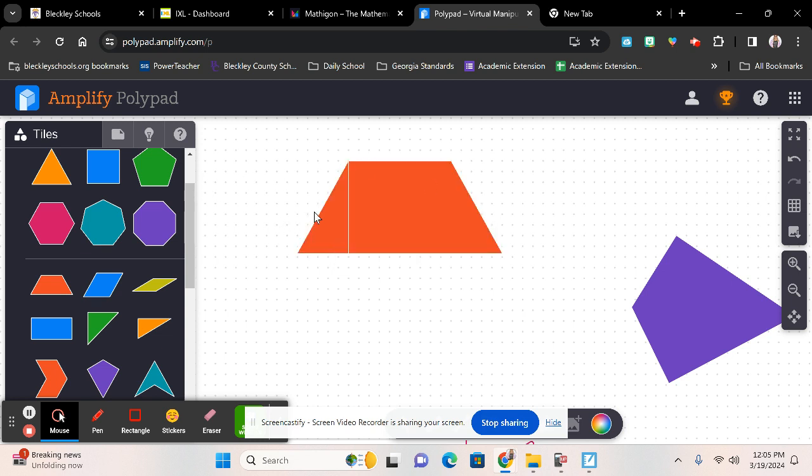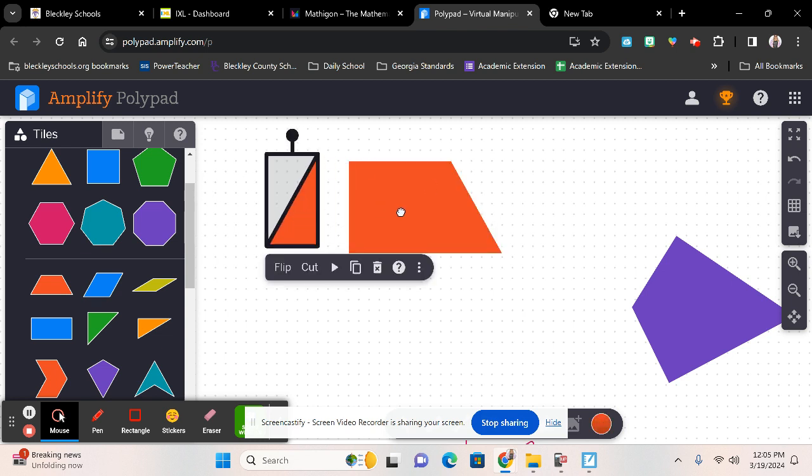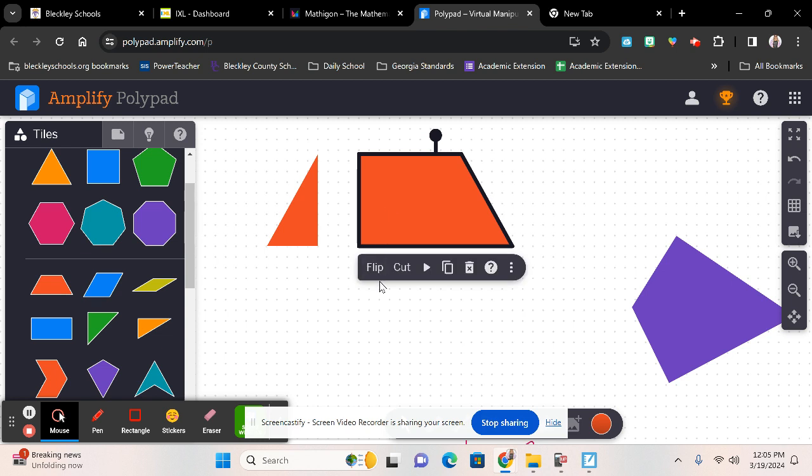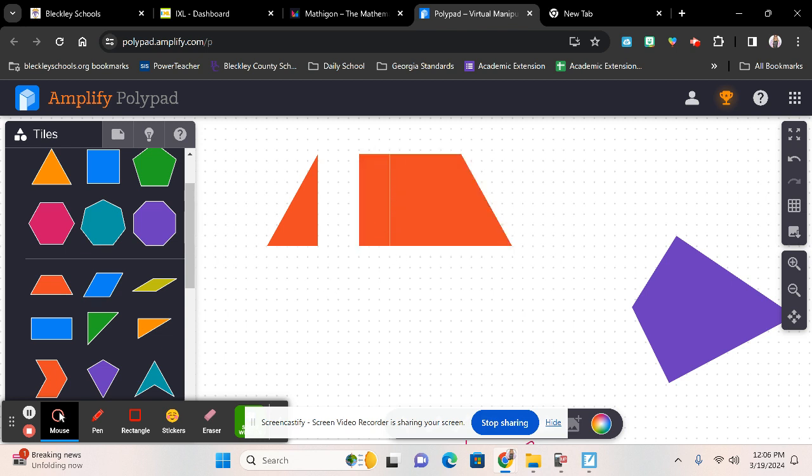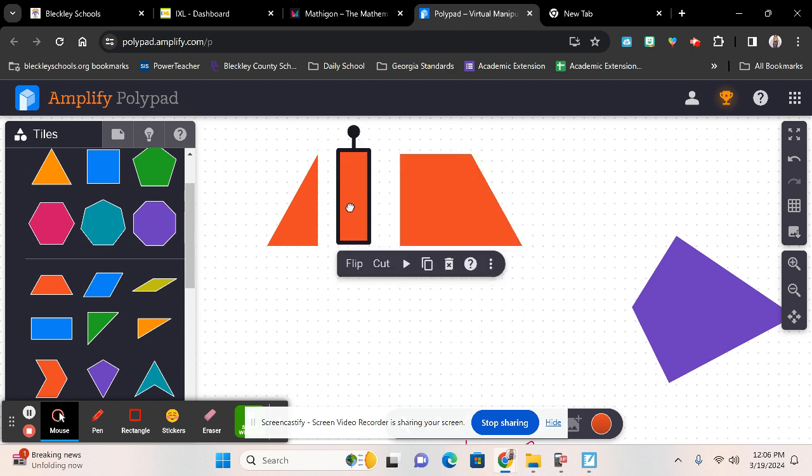Okay. So now I've got a triangle, but I still have a trapezoid. So where else do I need to cut it, Kayla? All right, now I have a rectangle, but I still have a trapezoid. We need it into shapes that we know.